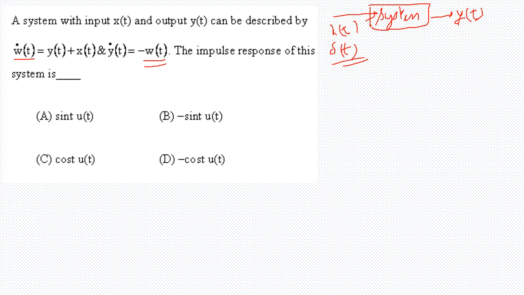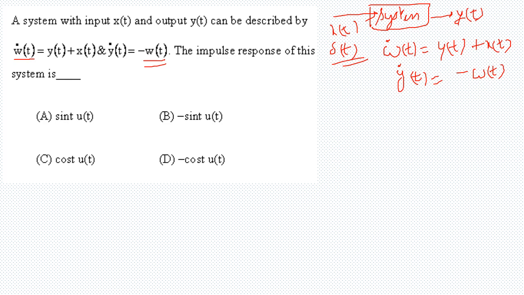So the first thing we do is write the two equations and try to find whether we can have a relation between y of t and x of t by eliminating w. So w dot of t from the first equation is y of t plus x of t. And from the second equation you have y dot of t equals minus w of t.